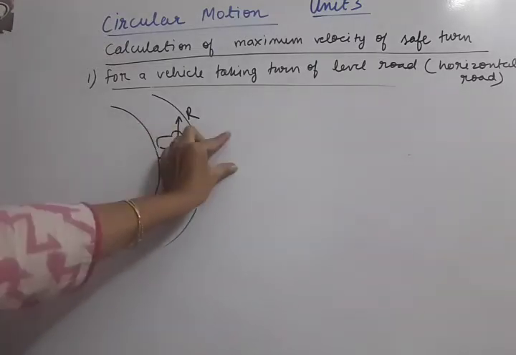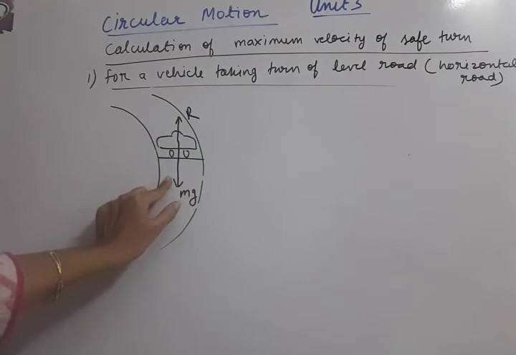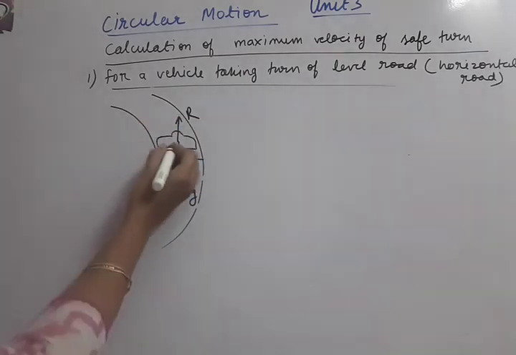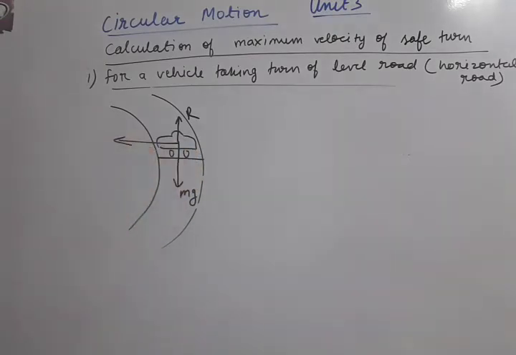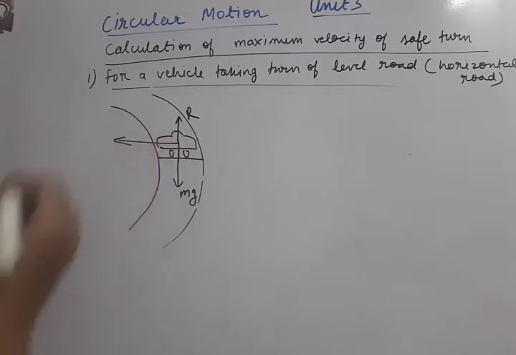Its skidding can be in this direction. And because the road has enough friction, this skidding is opposed by the friction force, towards the center. Friction is present between the two surfaces in contact, between the tire and the road, but I am showing all the forces at the center of the car. So this is the friction force.